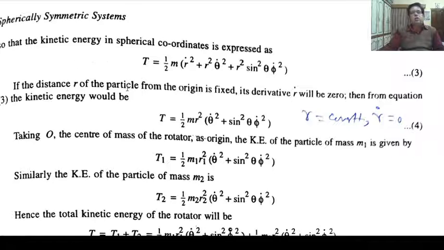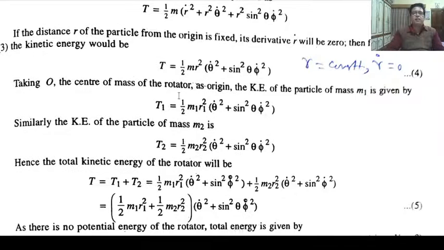Now using spherical polar coordinates, the kinetic energy is converted into T equal to half m (r dot square plus r square theta dot square plus r square sin square theta phi dot square). If the distance r of the particle from the origin is fixed, then its derivative r dot equals 0. Then the equation becomes T equal to half m r square (theta dot square plus sin square theta phi dot square).